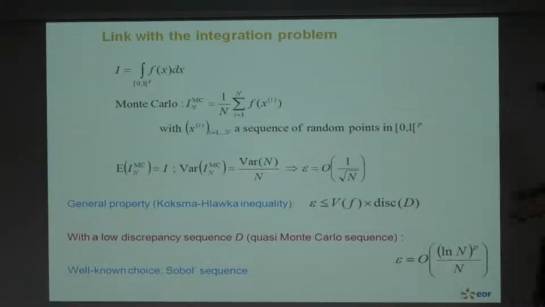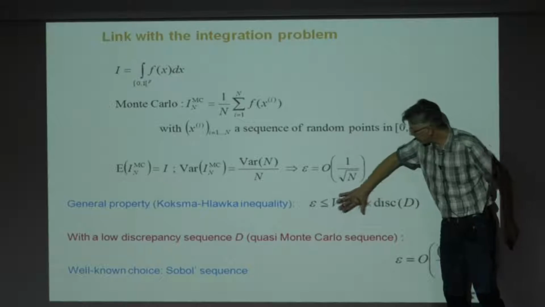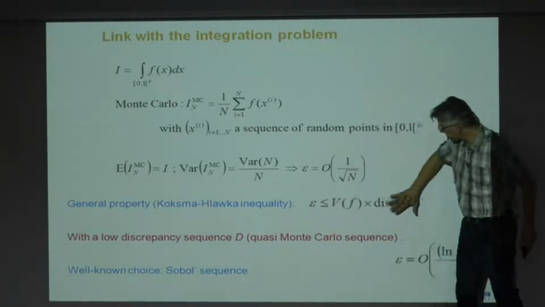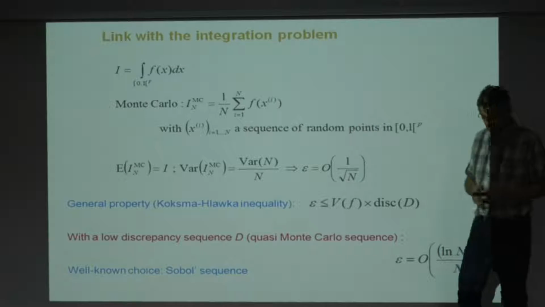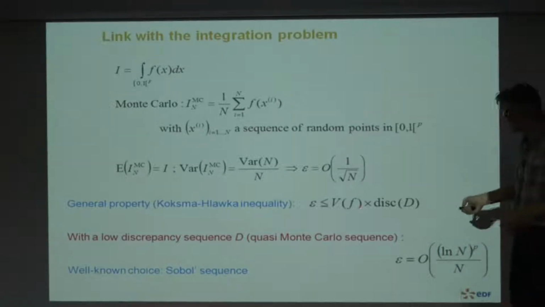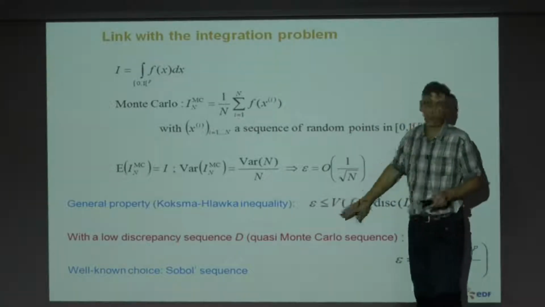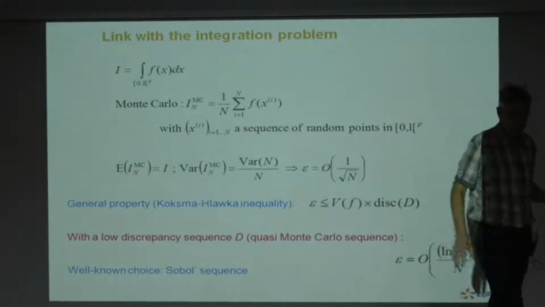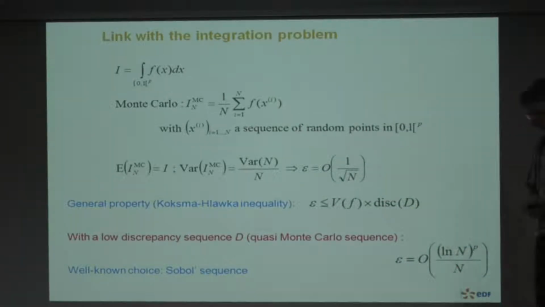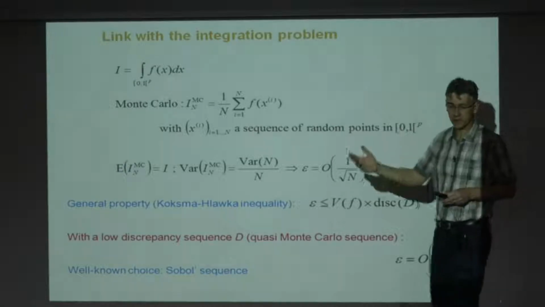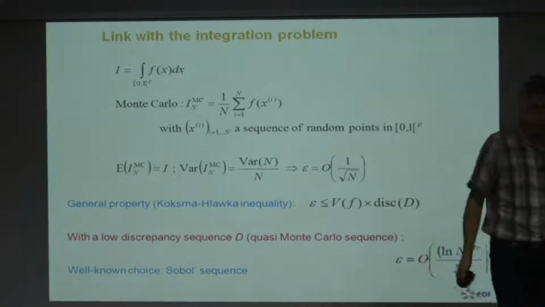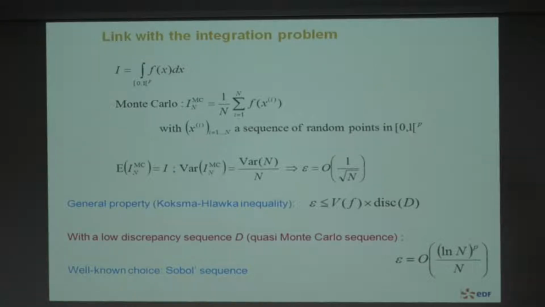It is interesting because we separate here what depends on the functions and what depends on the points. So, okay, this we cannot control. This depends on the functions that we integrate. So we have no control on this. But this we can control because we choose the points of integration. So if we minimize the discrepancy, we minimize the bound, and so maybe we minimize the error. Okay?